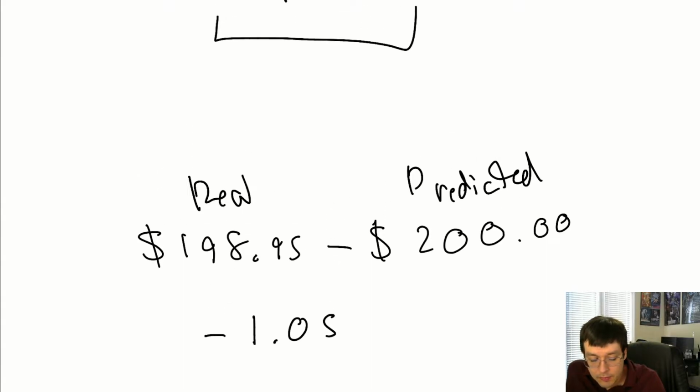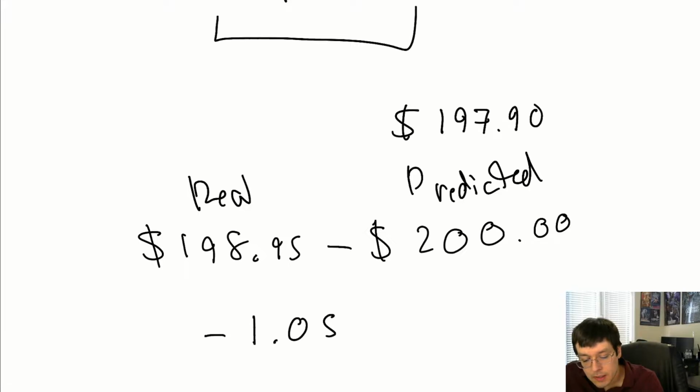So if you predicted instead something along the lines of 197.90, the difference between that and the real one would have given you a positive 105, right?